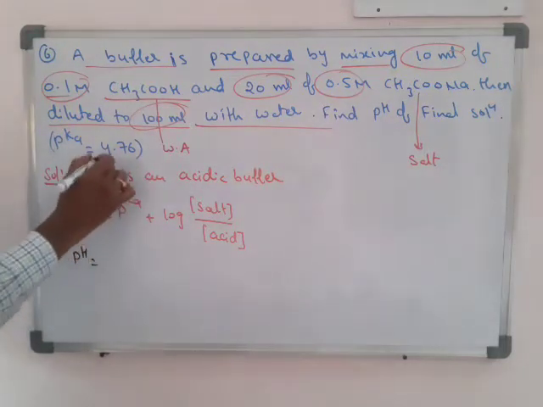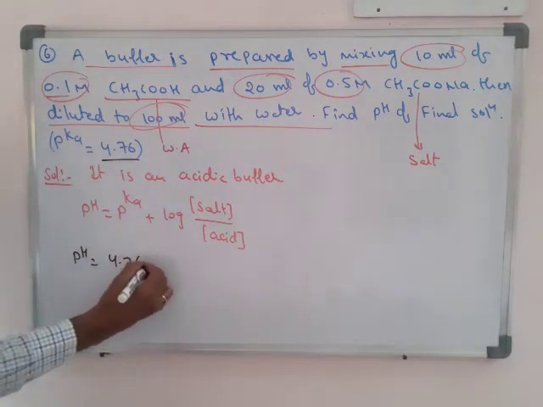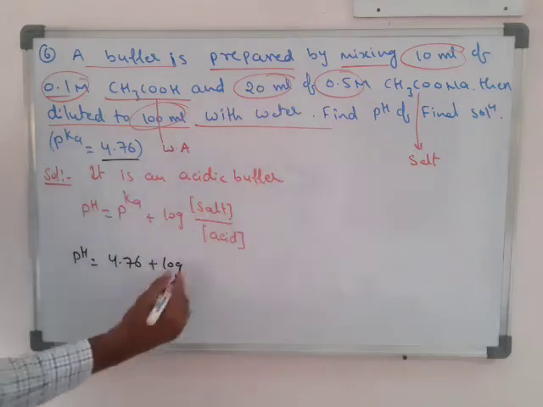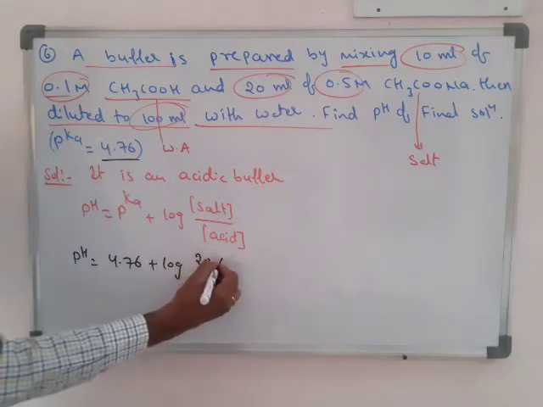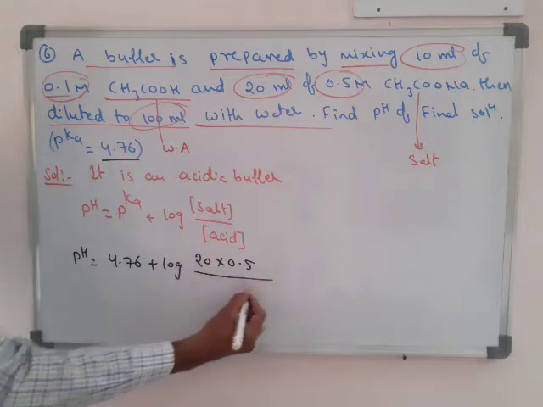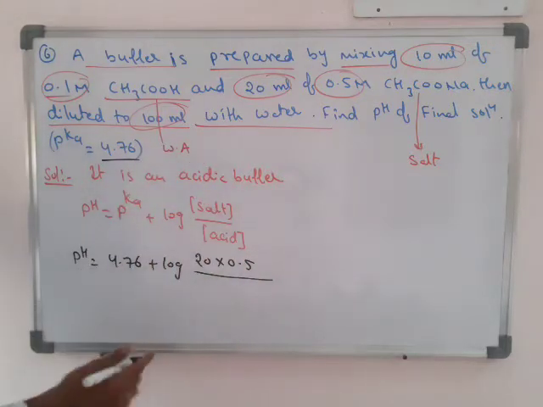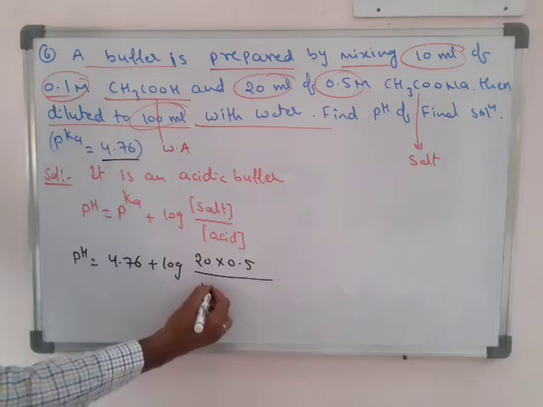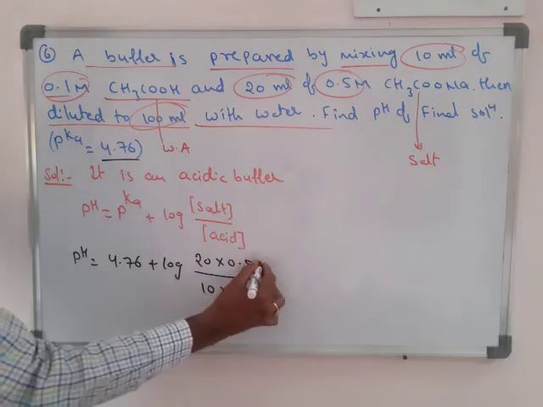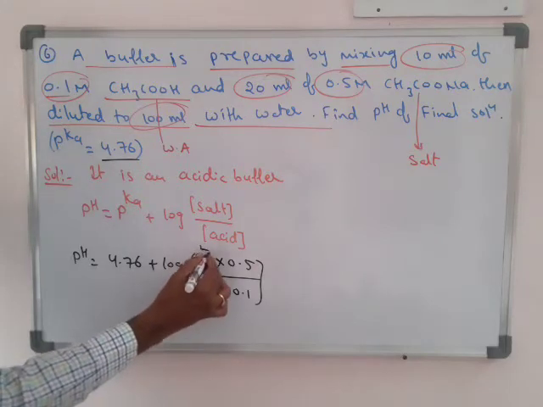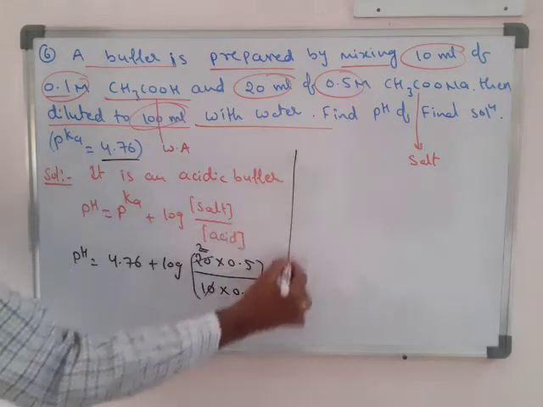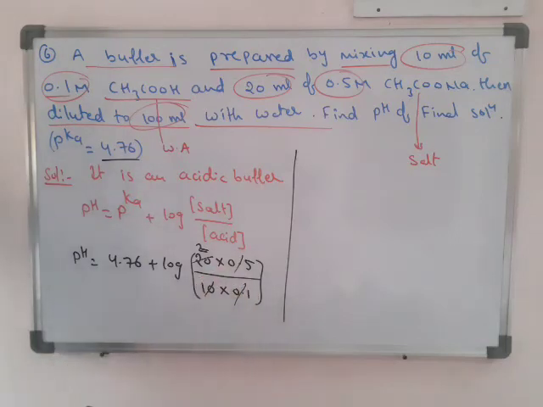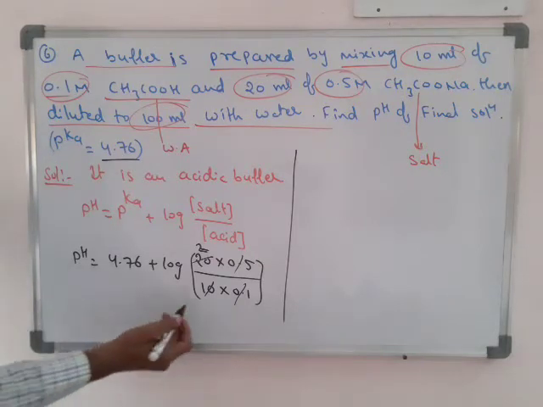So the pK is given 4.76. The salt, we have to identify the salt. That's the only important thing in these problems. Total volume 100, no need to write it. This one becomes log 10. So the final pH we will get how much? So 4.76 plus log of the ratio.